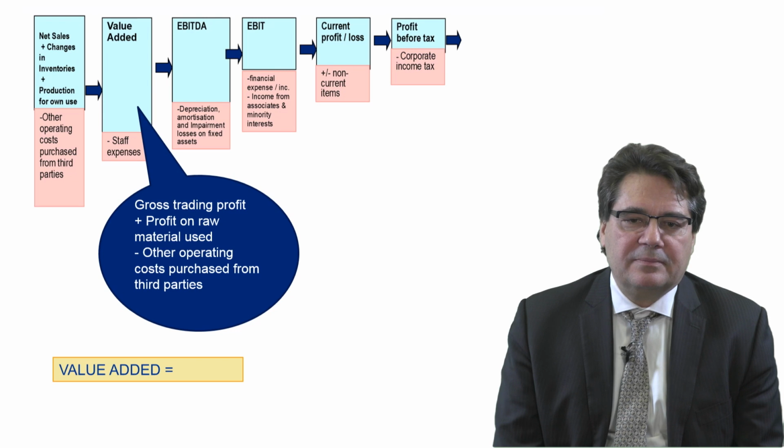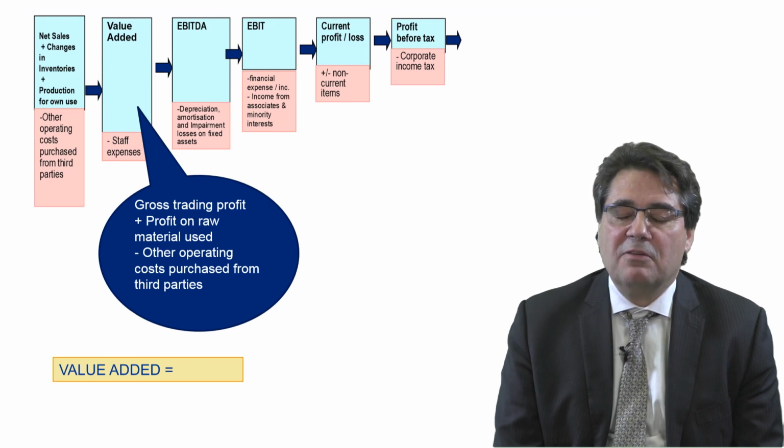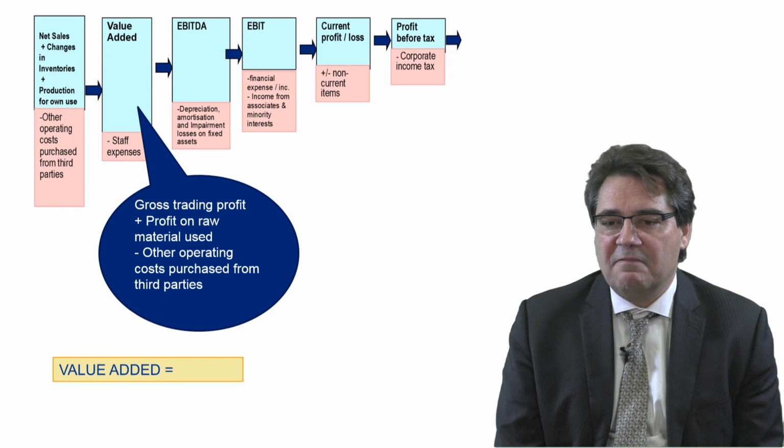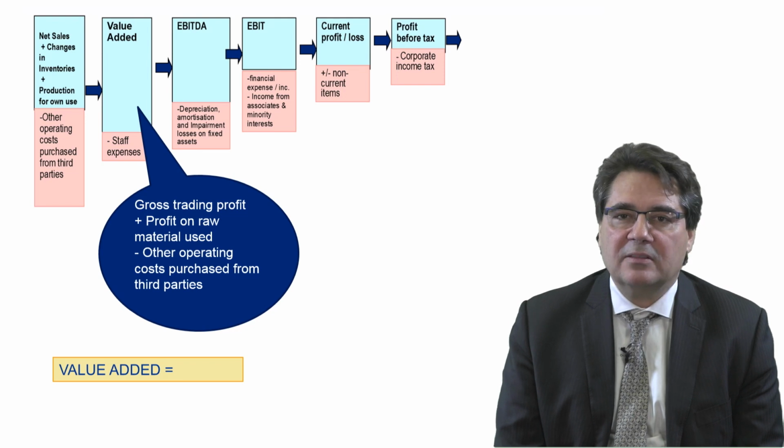The value added is an important level of margin. The value added by the company to goods and services purchased from third parties through its activities can be an interesting indicator. On the by nature income statement format, value added is equivalent to the sum of gross trading profit and profit on raw material used less other goods and services purchased from third parties.